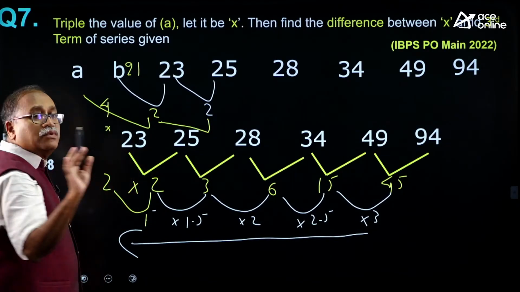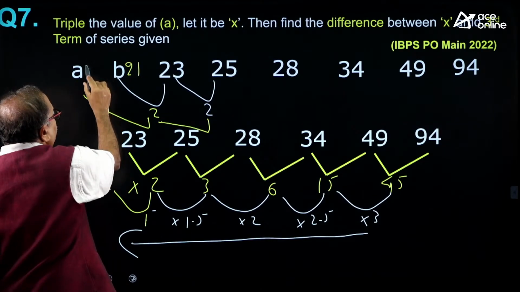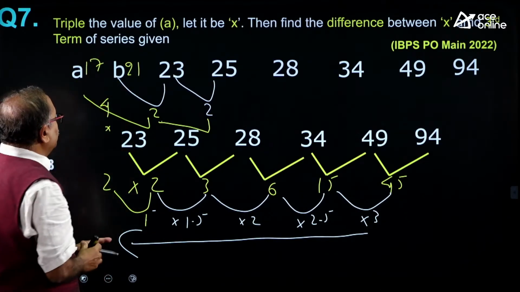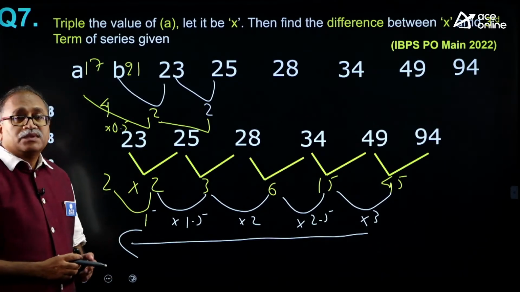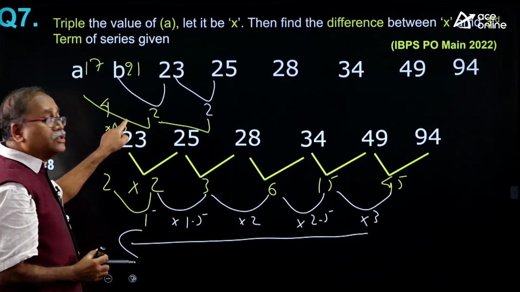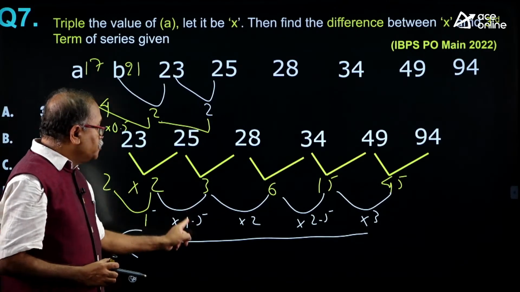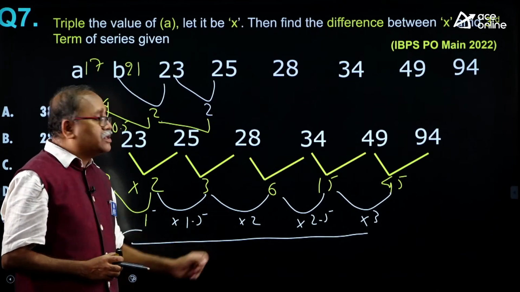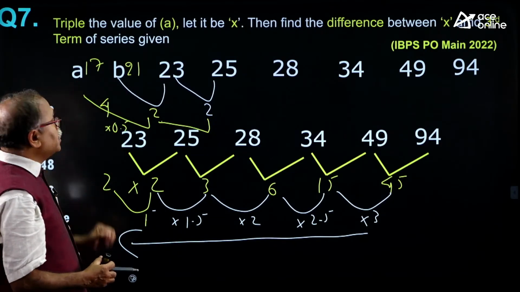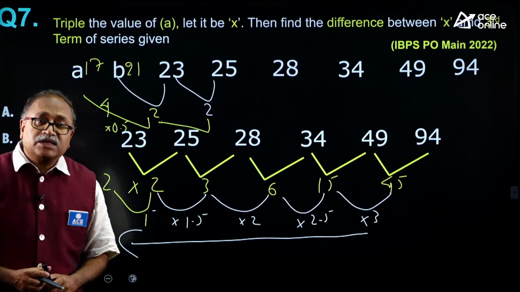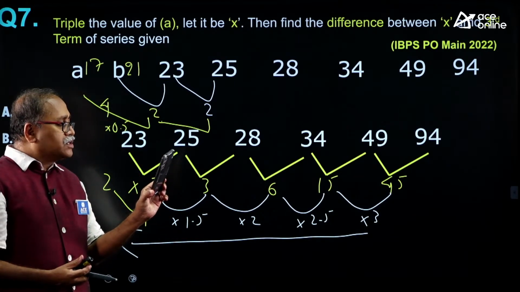Will it be 4? That is 21 minus 4, and then it is 17, and 4 into 0.5 is 2. 4 into 0.5 is 2, and 2 into 1 is 2, and 2 into 1.5 is 3. Got it? So, what is the value of A? The value of A is 17. Anyone answered it? Value of A is 17.